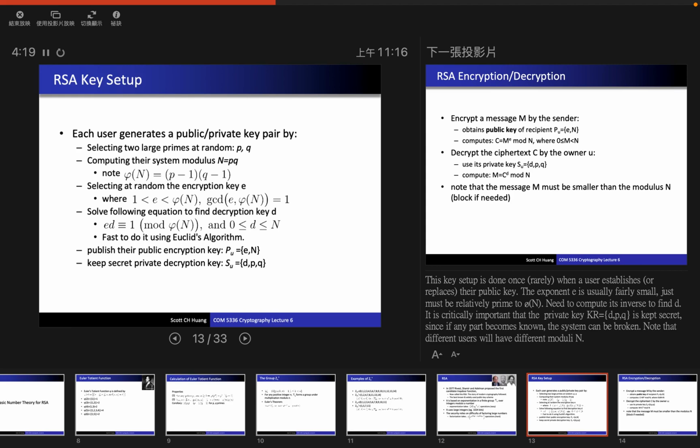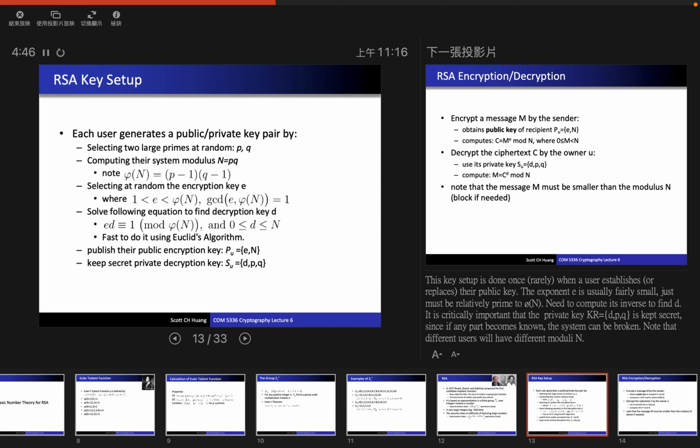So what we want is for this to hold: E times D is congruent to 1 mod phi(n). This can be calculated using the multiplicative inverse. We're finding the multiplicative inverse of E mod phi(n). If you know phi(n), this can be calculated very easily using the extended Euclidean algorithm we just introduced.